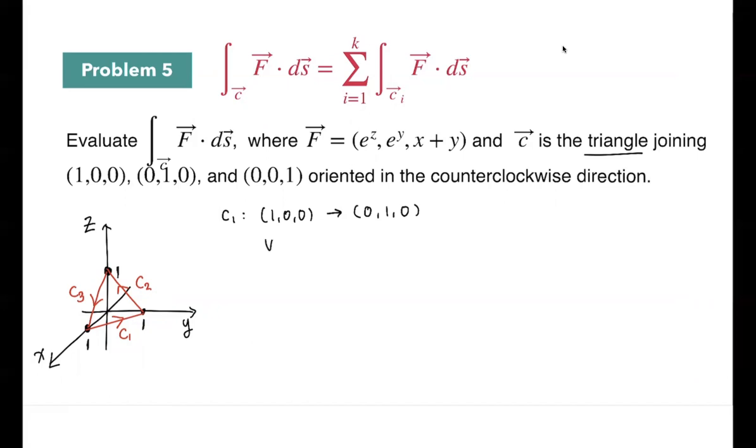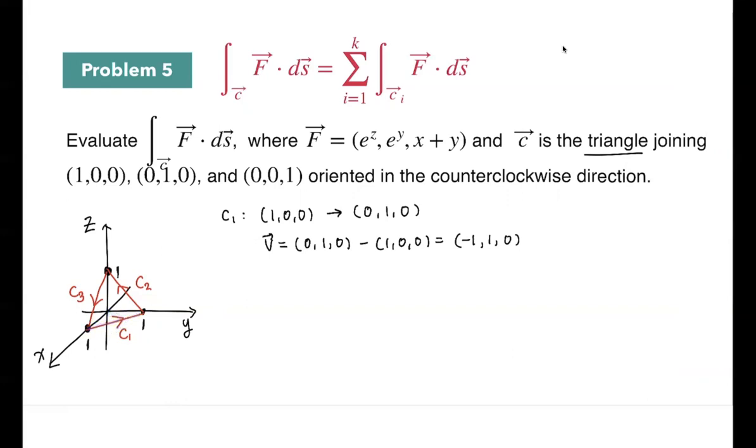So the direction vector is given by the subtraction of the 2 given points. So we can say that minus 1, 1, 0 is the direction vector. Direction vector means this direction.